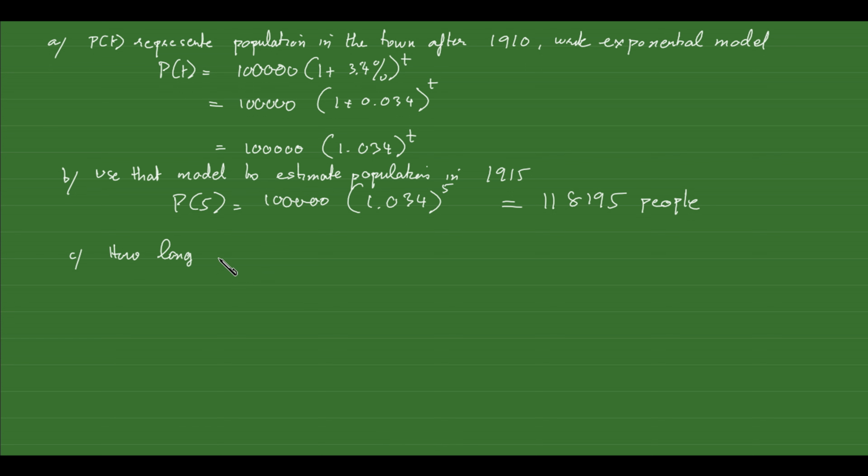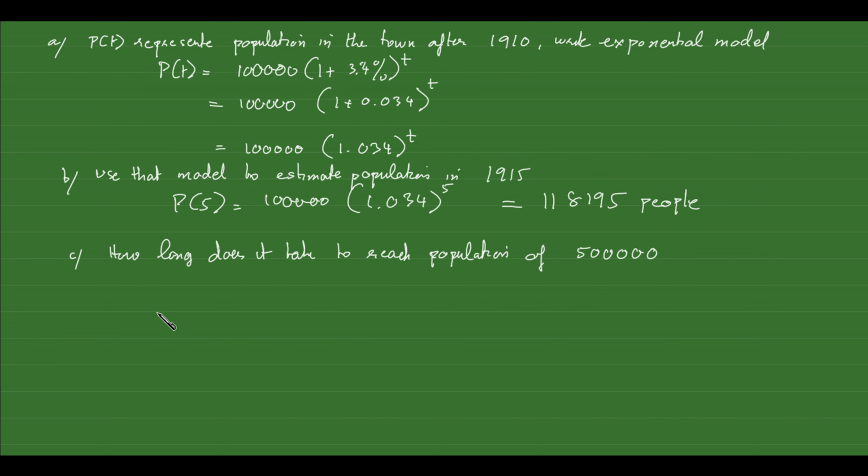How long did it take to reach a population of maybe 500,000?